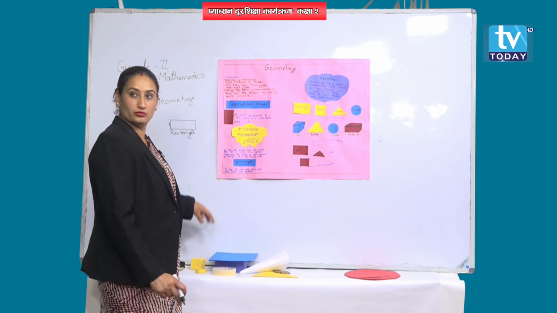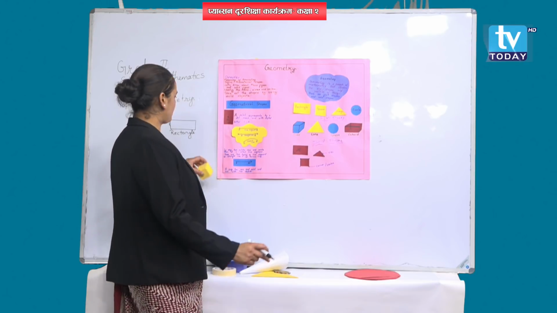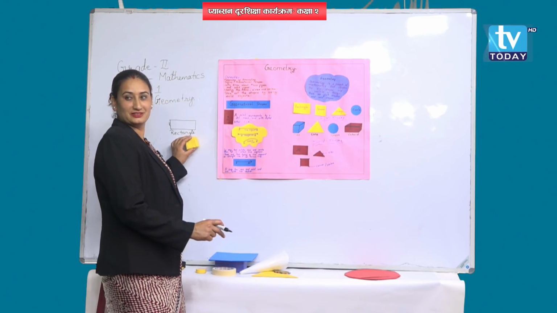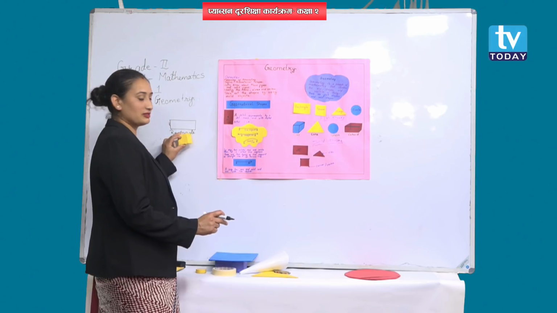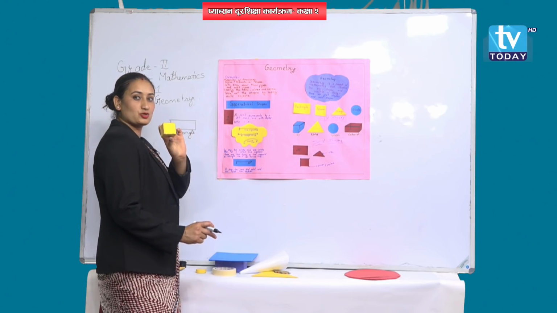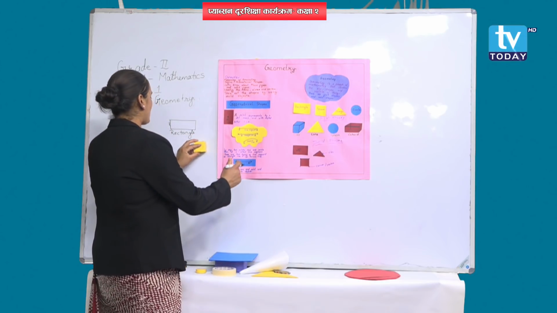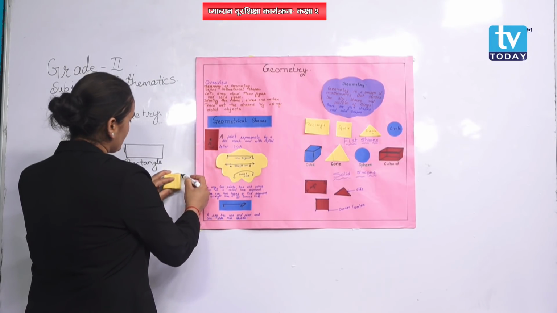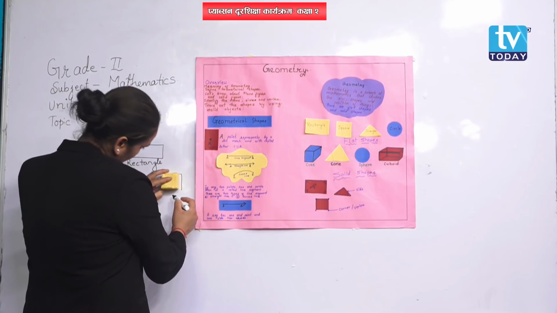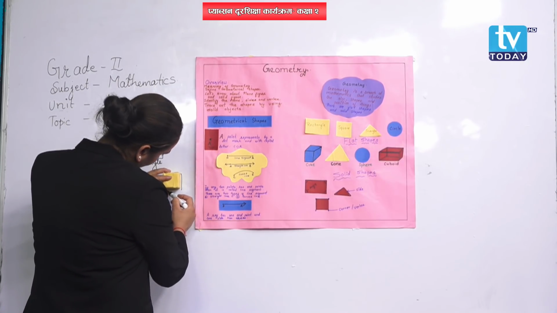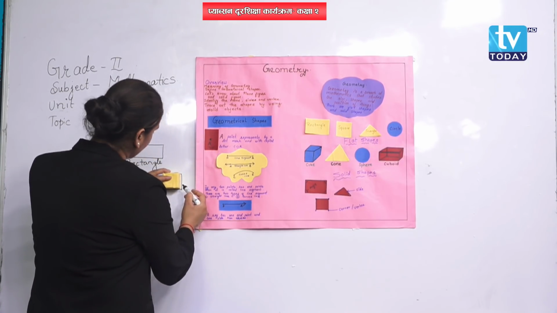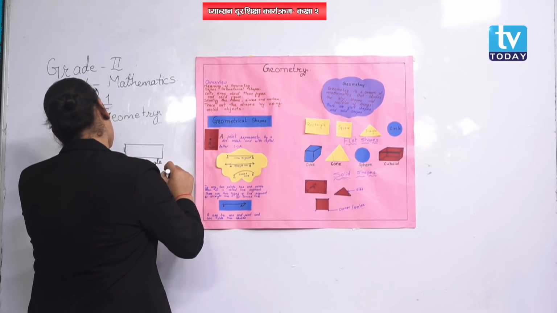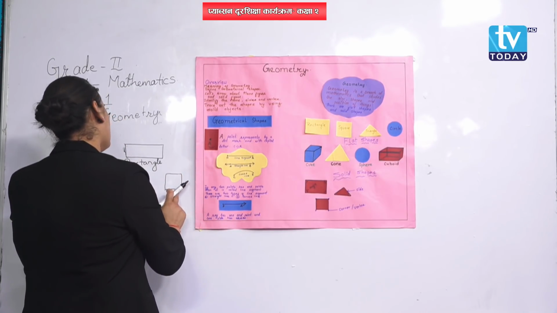Now it's time to draw a square, and this one is the square. See here, this is the square I am using over here. Can you see it? Okay, I am doing it. Please do it by yourself.